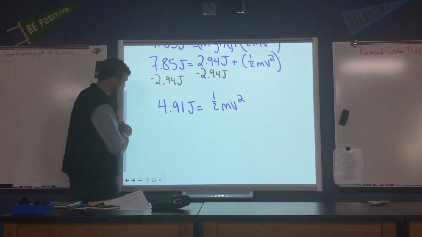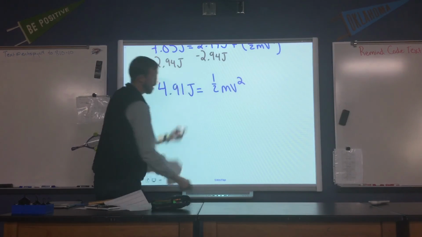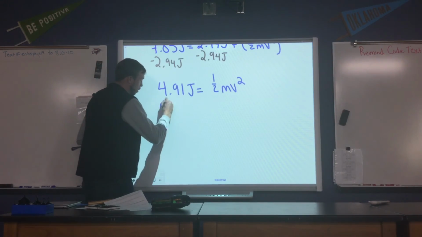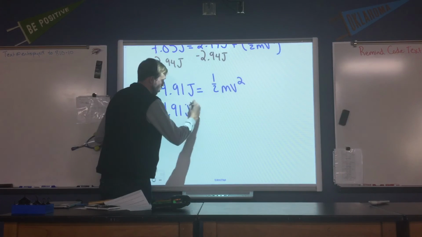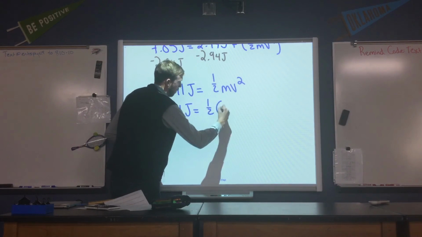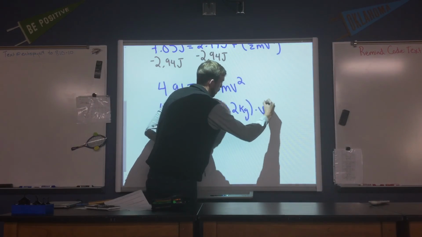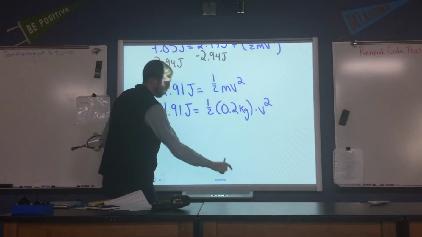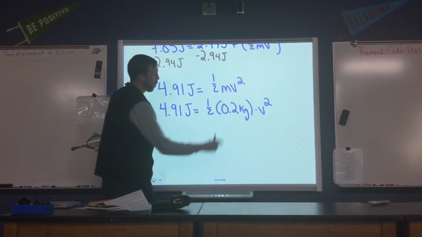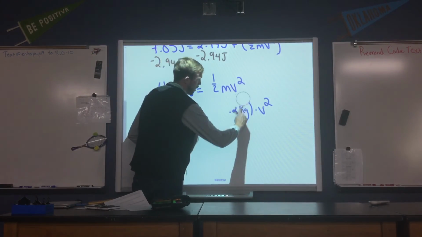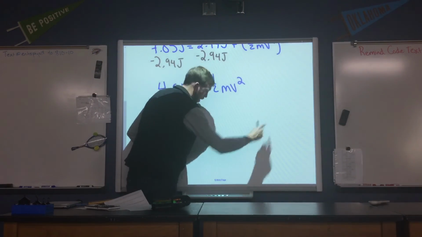So now I can plug in the value I know for the mass. So 4.91 joules of energy is equal to 1/2 times our mass, 0.2 kilograms, multiplied by v squared. I'm going to write this as 1/2 times 0.2, which is half of that number, so that would be 0.1.